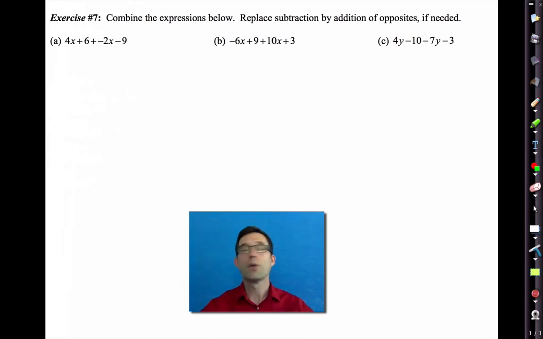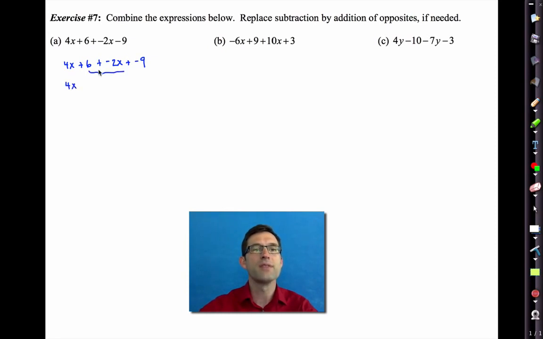All right. So you don't have to write down the properties, but I'm going to talk about them as I go. So what I'm going to do is first rewrite this subtraction by 9 with an addition of negative 9. Then I'm going to use the commutative property to flip-flop this addition to make it into this addition.